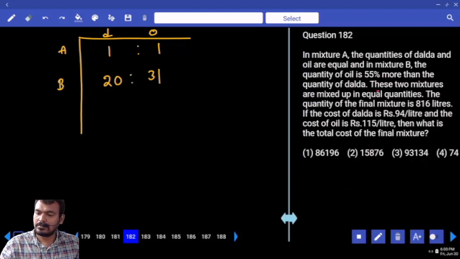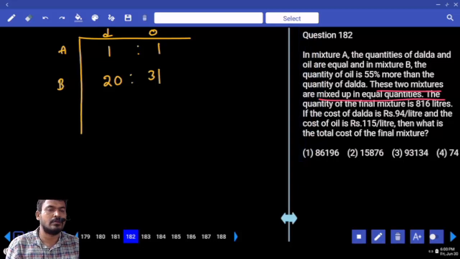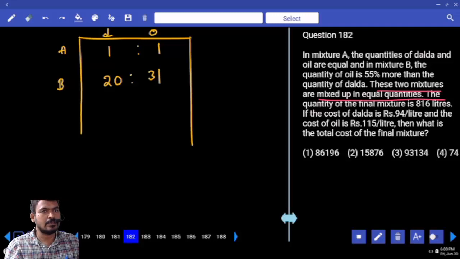Next line: these two mixtures are mixed in equal quantities. That means in the final mixture, A is 1 part and B is also 1 part.